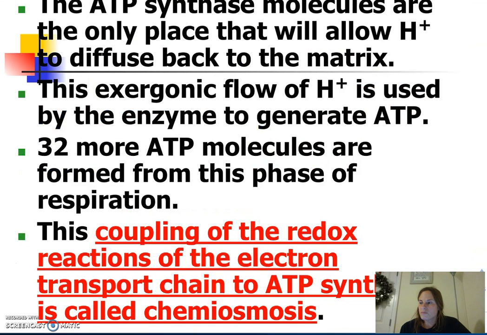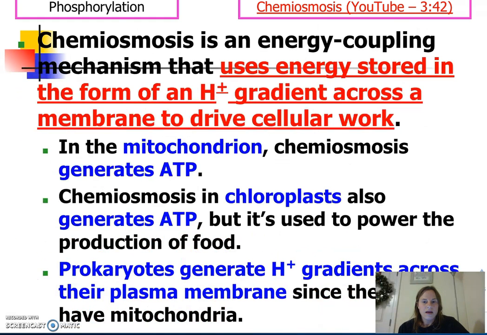Why does the name of this process, chemiosmosis, make sense? Well, chemiosmosis is just the coupling of the redox reactions of the electron transport chain to ATP synthesis, and it's a chemical process, so chemiosmosis. And why is the coupling of these reactions called oxidative phosphorylation?